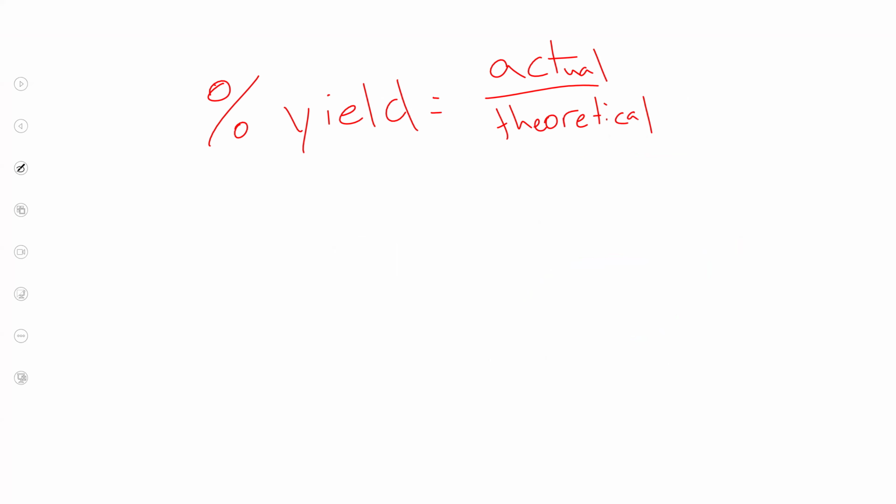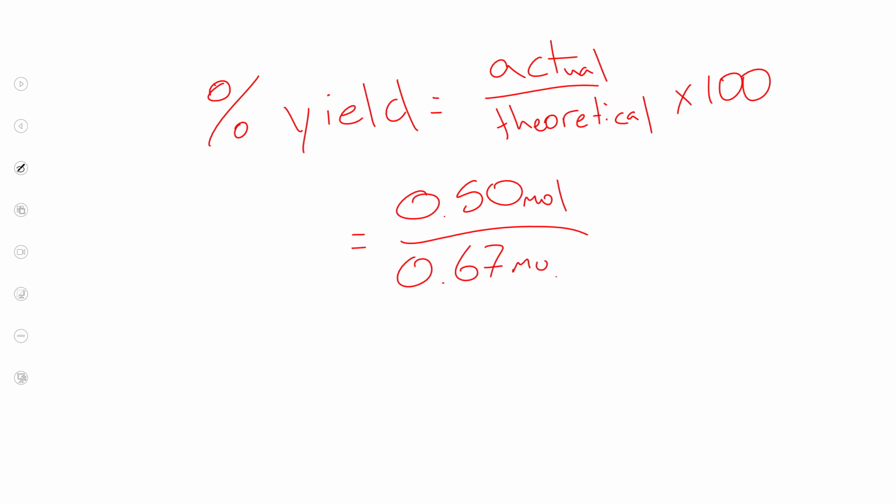So percent yield: actual over theoretical, or expected is the other way of saying it. Actual over expected times 100. So for these numbers for this reaction, 0.50 moles over 0.67 moles times 100.